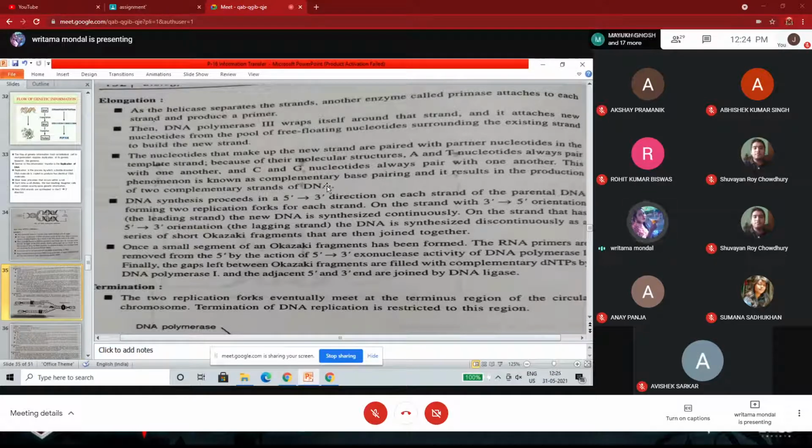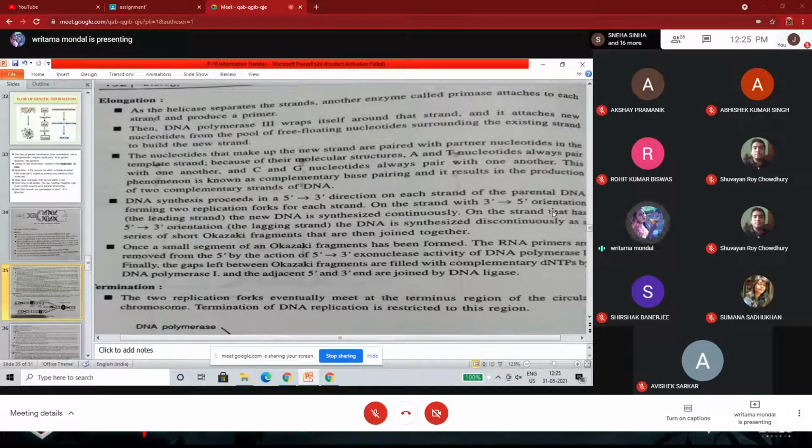How leading strand synthesis occurs I have discussed. Then another strand formation is not as easy as the leading strand. DNA synthesis proceeds in the 5' to 3' direction on each strand, and in the parental DNA, two replication forks are formed for each strand.